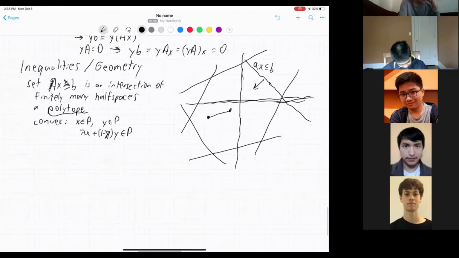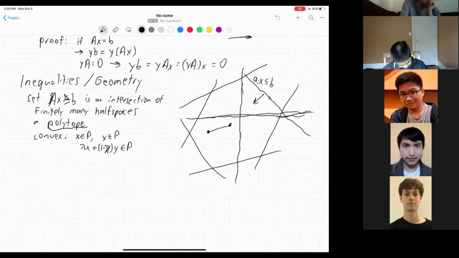Now, if we look at this polytope and talk about the linear program that it defines, we can also look at the objective function, right, which will point in some direction. Let's call that c, right?